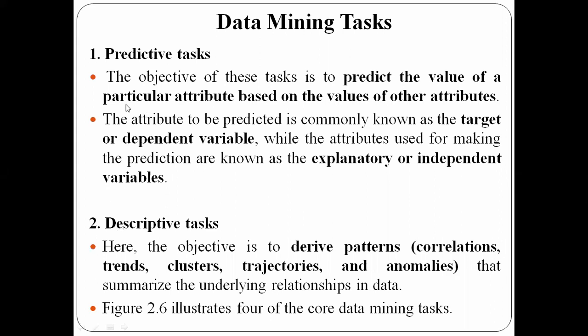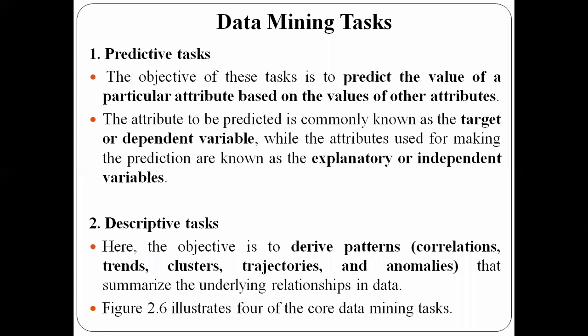As the name says, predictive task. In the case of a predictive task, we will be predicting the value of one attribute based on the values of other attributes. We will have some sets of attributes, and using the values of those attributes, we will be able to predict the values of other attributes.